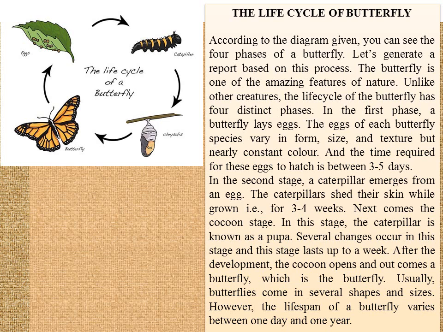Then after a few days, after emerging from an egg, the caterpillar takes the form of a cocoon, which is called the pupa stage. And after several weeks, this pupa opens up and comes out as a butterfly, and this butterfly again lays eggs, and like that you can elaborate this and break it down into two paragraphs.